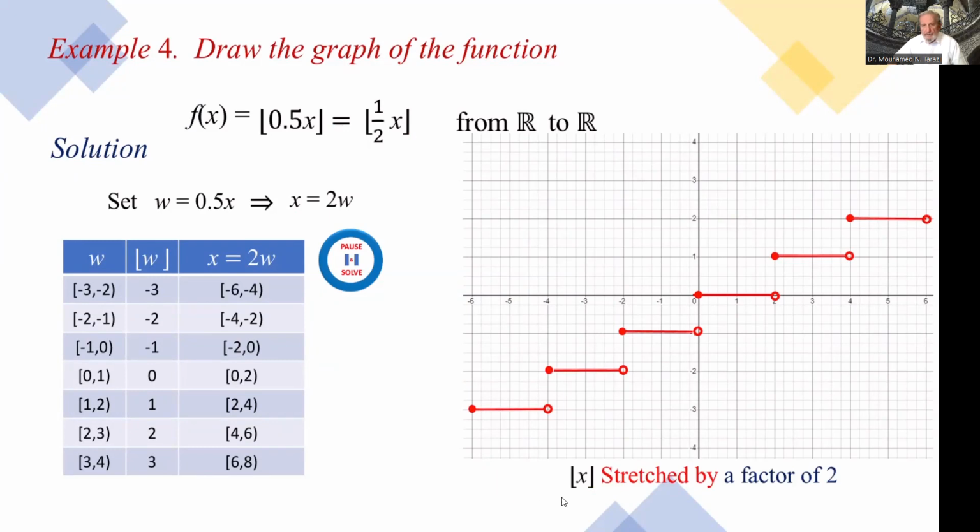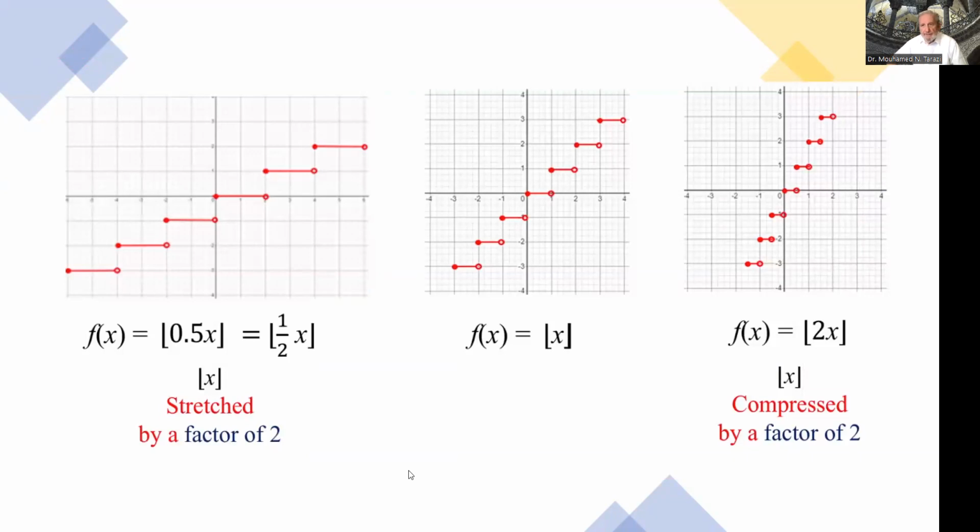So here what you notice is the floor function of x, the first example we did, is stretched by a factor of 2. Here, side by side, this is the floor function of x. This is the floor function of 2x.